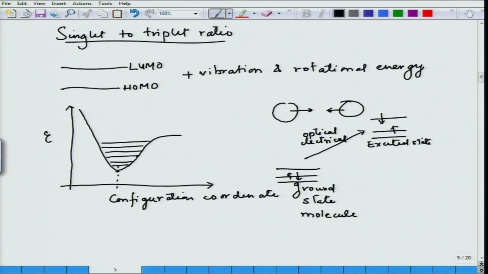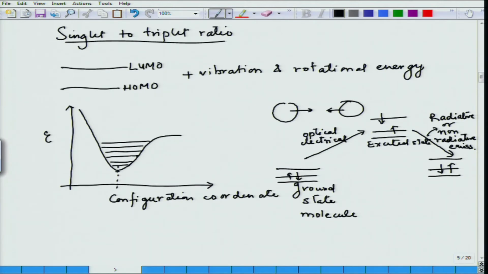Then this molecule will emit light and come back to the ground state. There can be a radiative or non-radiative emission here by the molecule, and we know that if we want an LED, we want radiative emission.